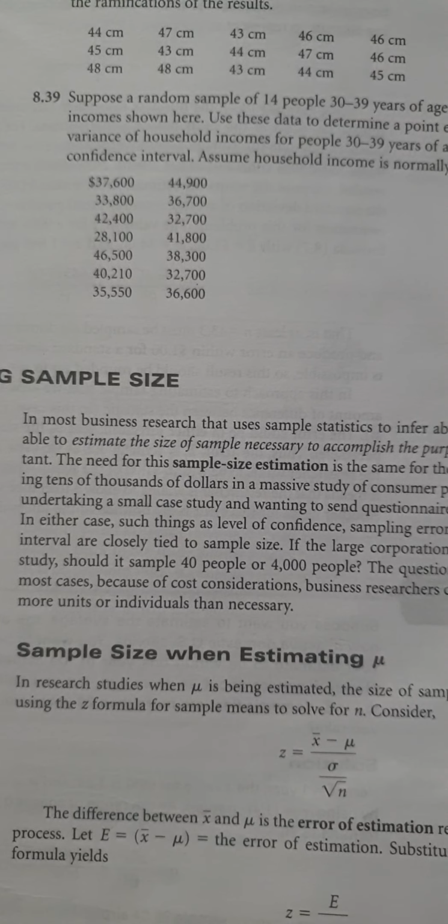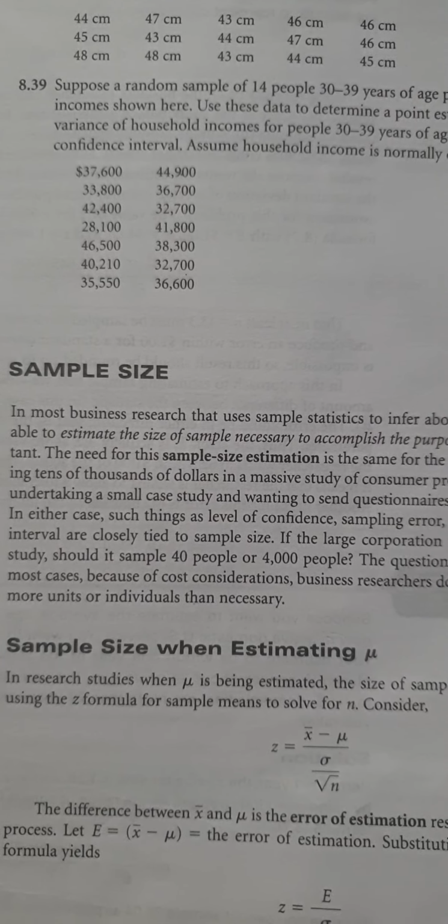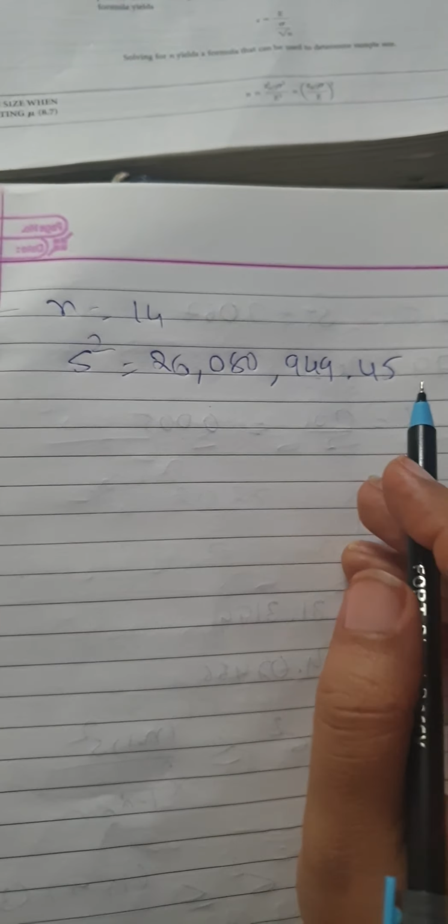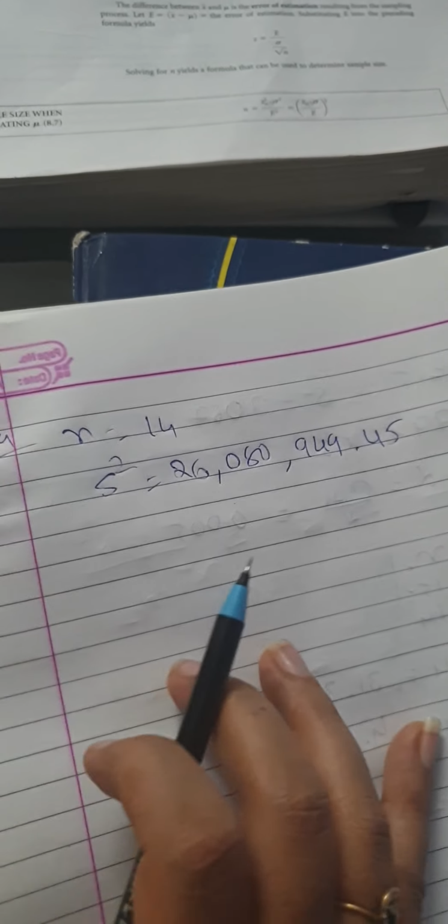So data are given. From that, firstly you have to check the value of S square. n equals 14, your sample variance S square will be 26,080,949.45. Yes, it is a little bit difficult to compute these kinds of sample variance.